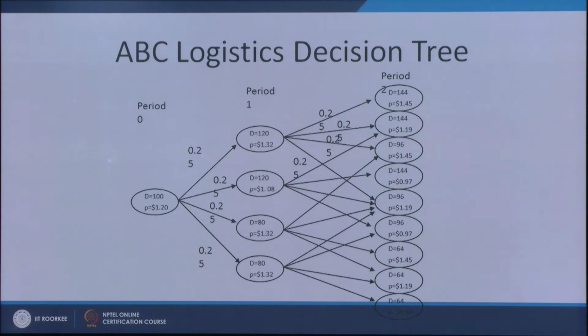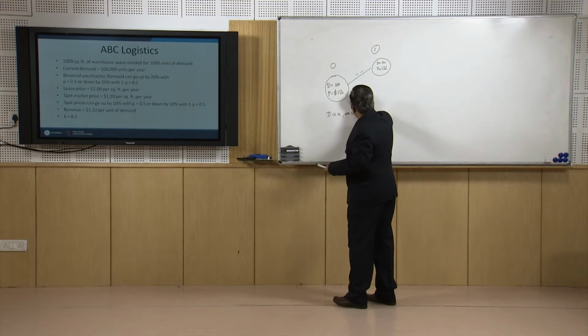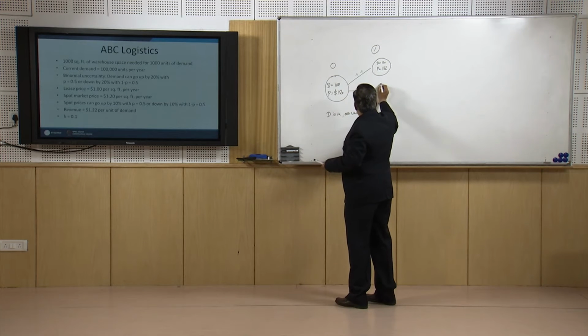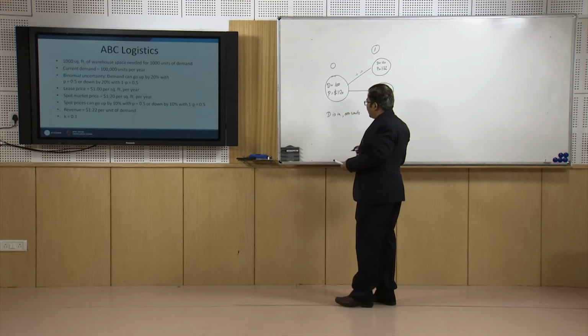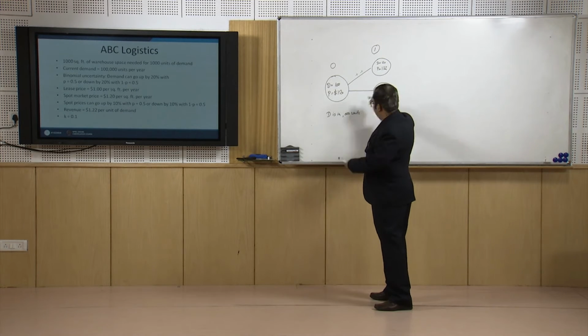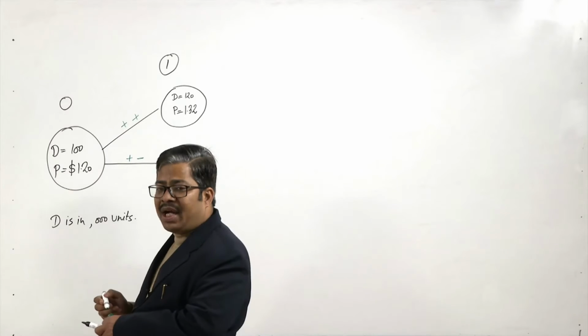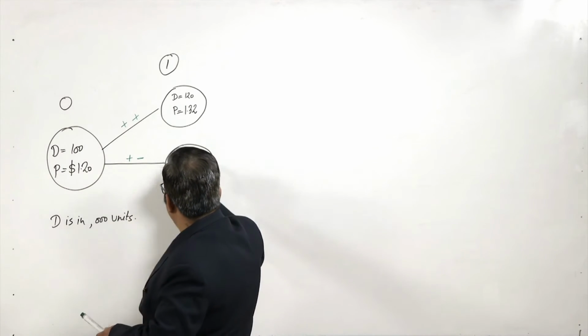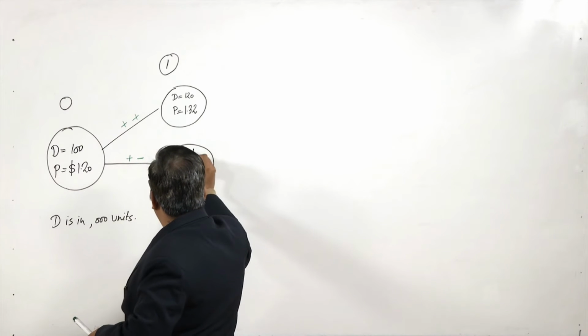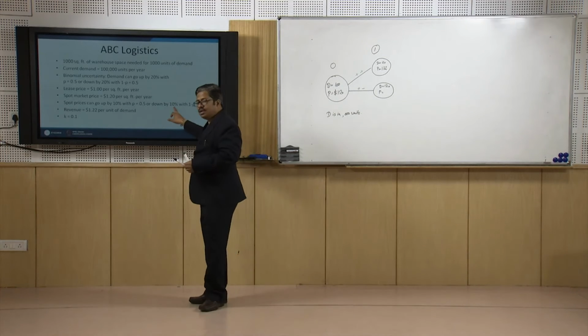The next is the second case, where demand is increasing but price is decreasing. So demand becomes 120, but the initial price is 1.20 and the factor for price is 0.90.